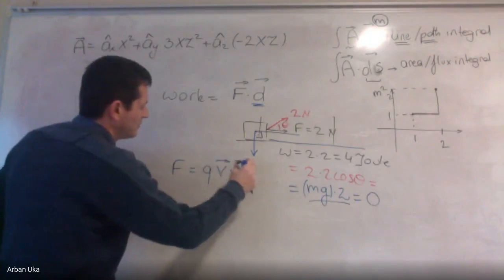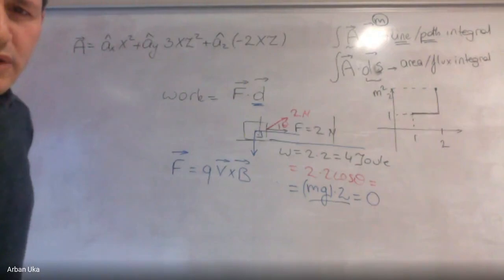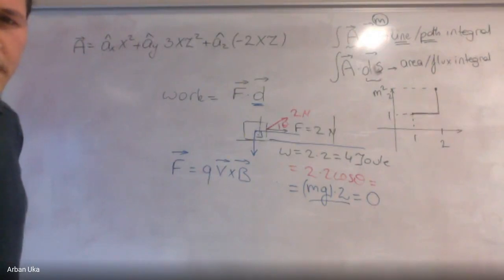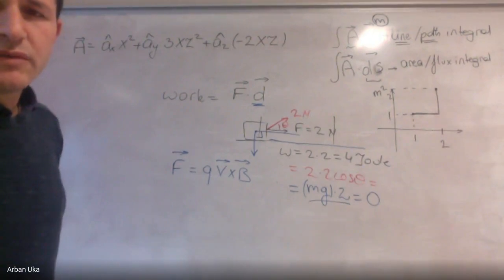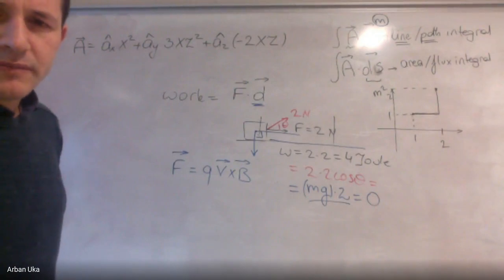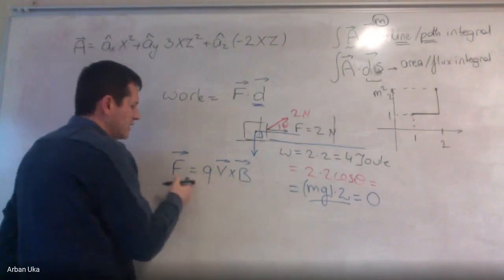Can I get some affirmations or negations regarding this one? Have you seen this formula before? This is the force exerted by a magnetic field on a charge, okay? So if you have a charge in the magnetic field, that's the force, right?